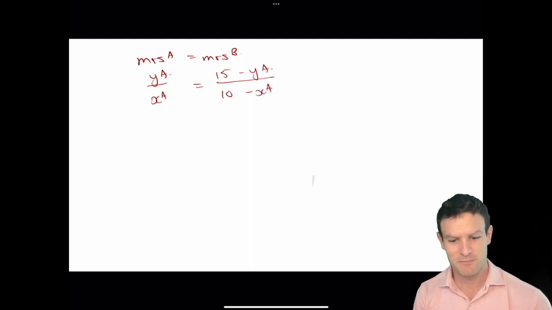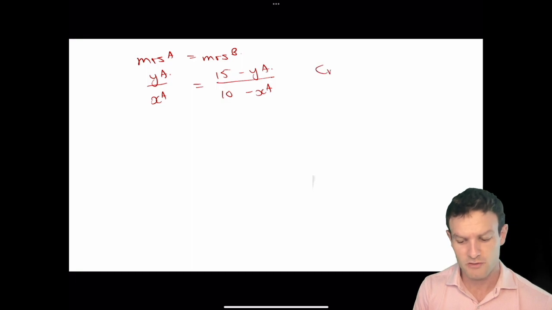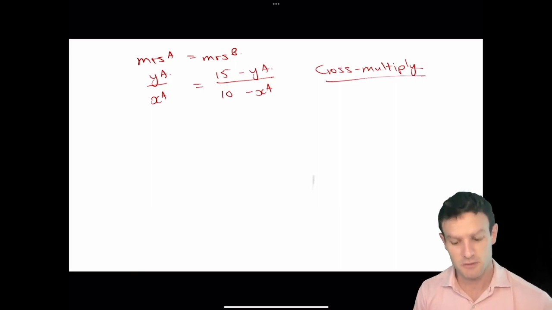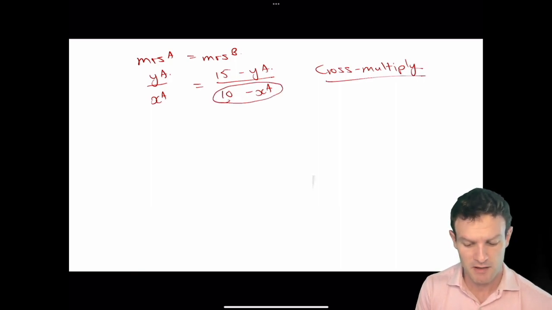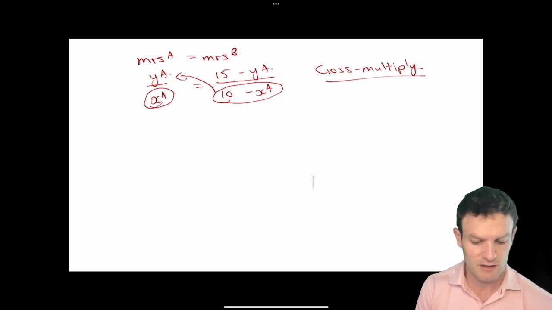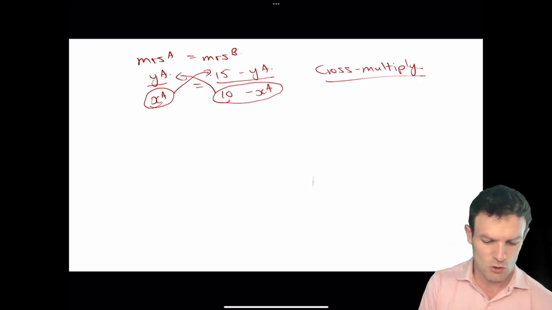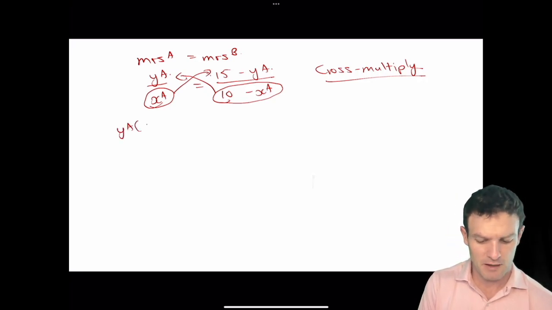Okay, excellent. Now, here's the thing. What can we do? We can cross multiply. When we cross multiply, we're going to take 10 minus xa and multiply it over here. We're going to take xa and multiply it over here. So let's do exactly that. We've got ya multiplied by 10 minus xa.